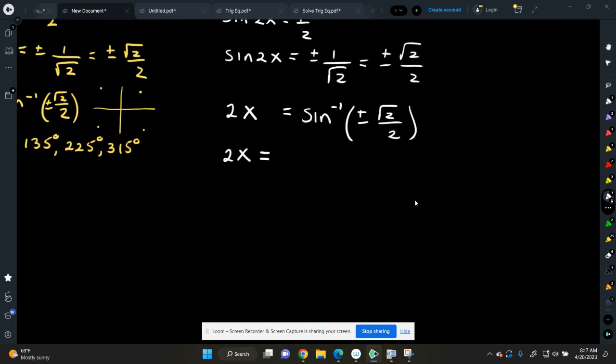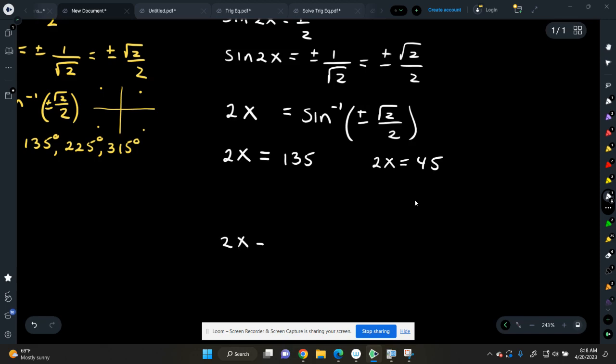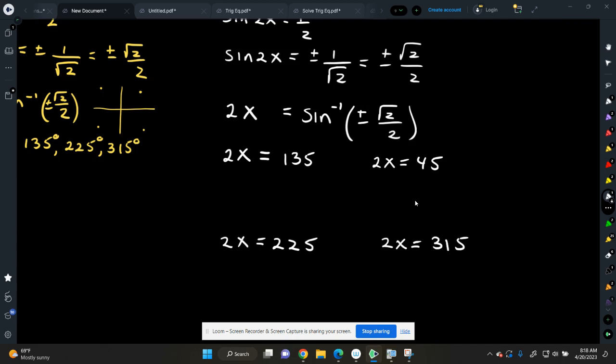So we have 2x equals 135. 2x equals 45. 2x equals 225. And 2x equals 315. So we do everything the same, except that instead of having x equal to it, it's 2x. So now I have to divide everything by 2.